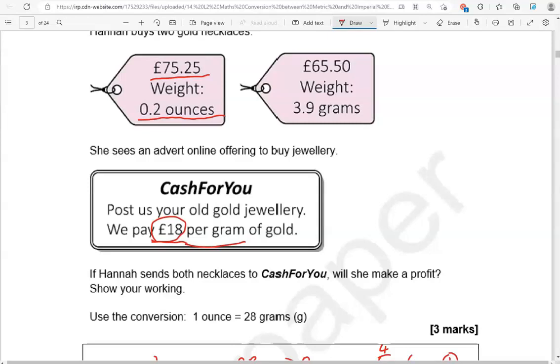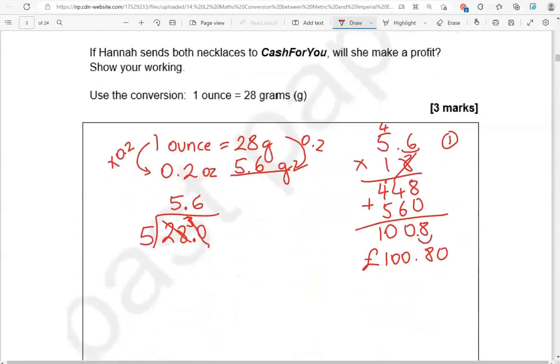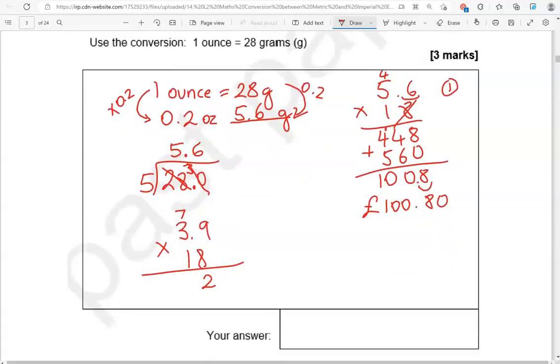We've got 3.9 grams, and that is £18 per gram. So 8 times 9 is 72, so 2 down and 7 carried over. 8 times 3 is 24, and the 7, that is 31.